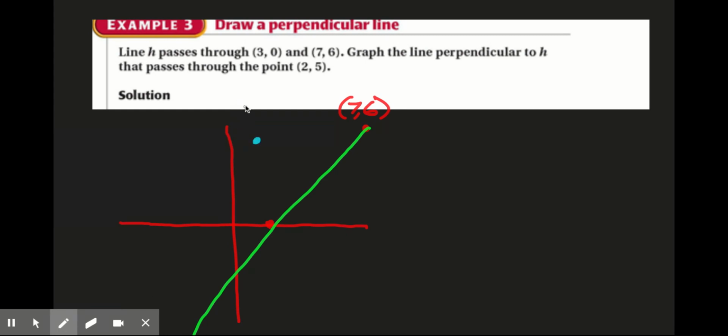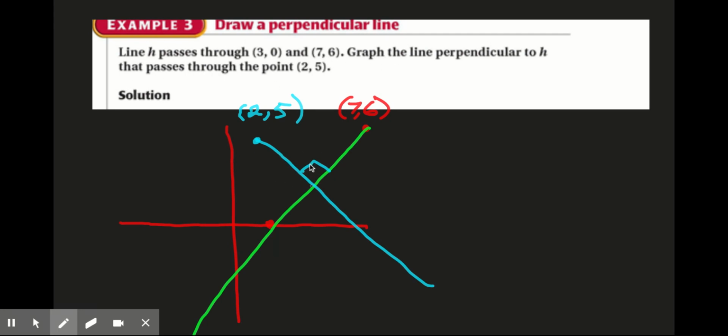What it's telling me is that, as we talked about before, for any line and a point off the line, you can do exactly one perpendicular line through the other line, right? So I know that this line must exist that goes like this. The question is, can you find some points? Can you graph it?